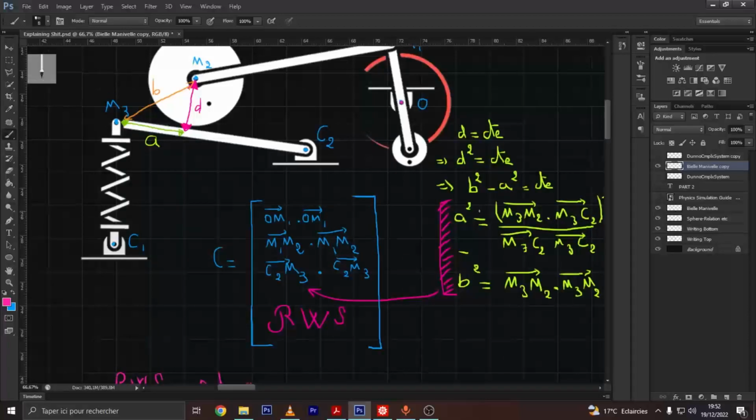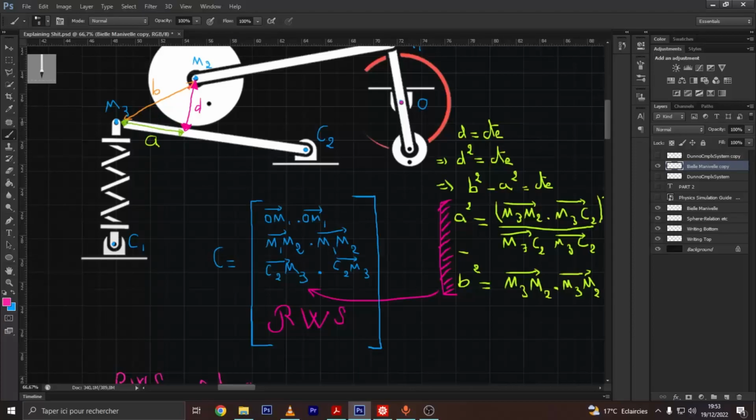Well, we need to add that d is a constant, and therefore d squared is a constant. And according to the Pythagorean theorem, d squared is nothing but b squared minus a squared. Now, b squared is the scalar product of M3M2 with itself. A is a little bit more confusing.